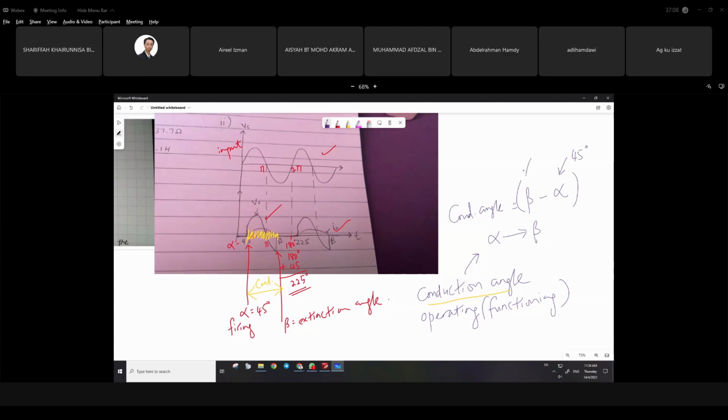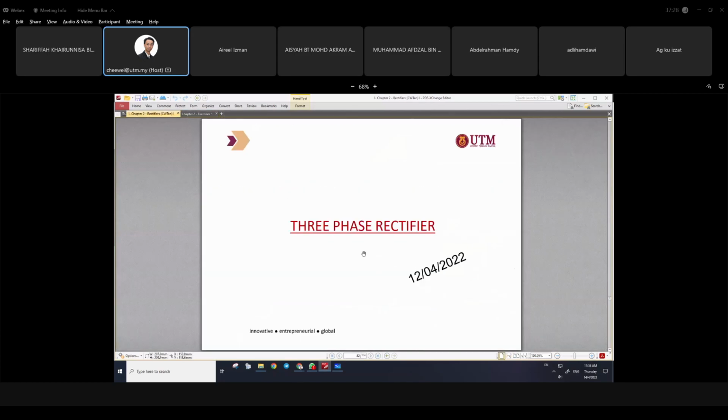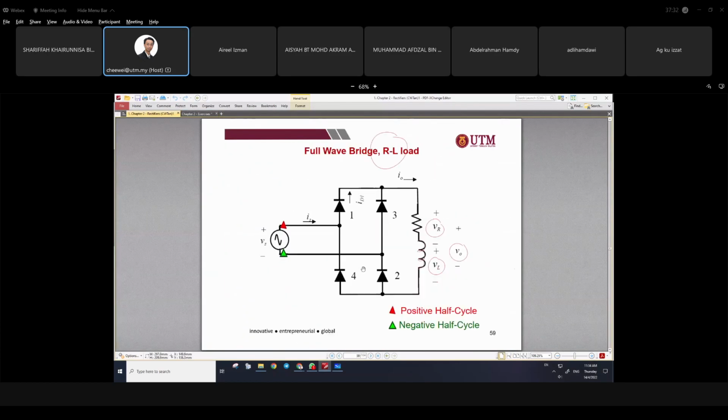So what is this beta? Then the answer is there. How to find the beta value? Any idea? This is a half wave controlled RL. Let's go back to the slide. Half wave controlled RL, where is it?